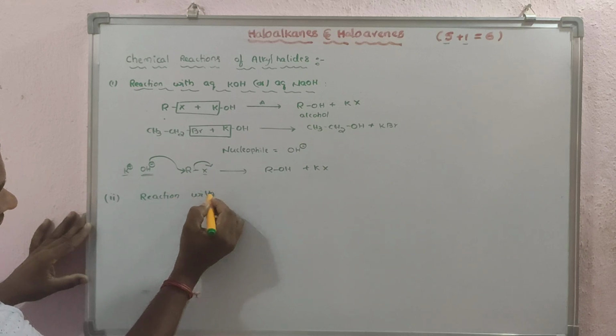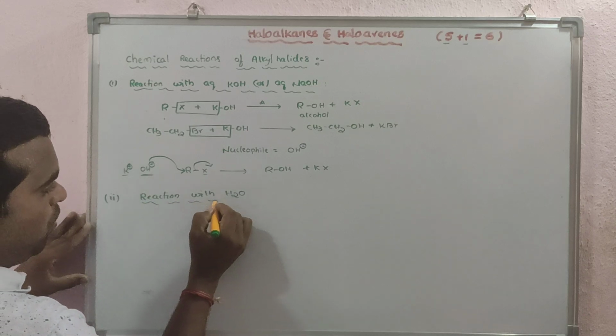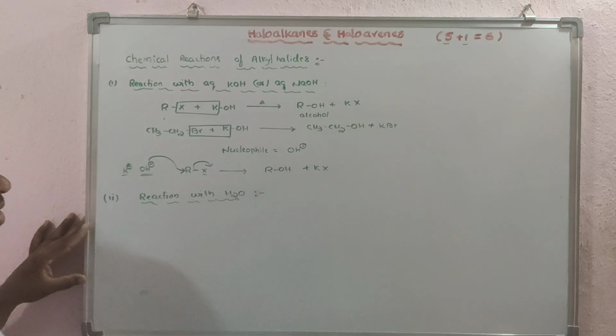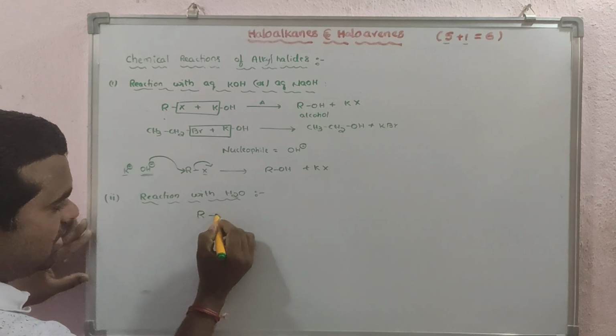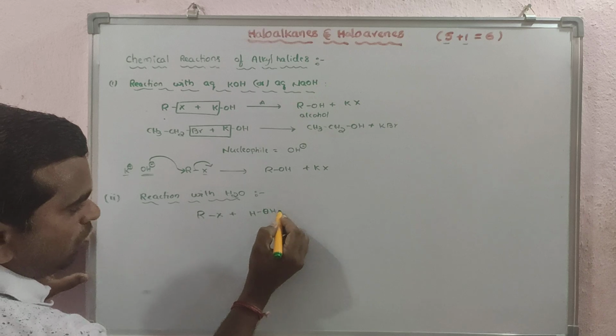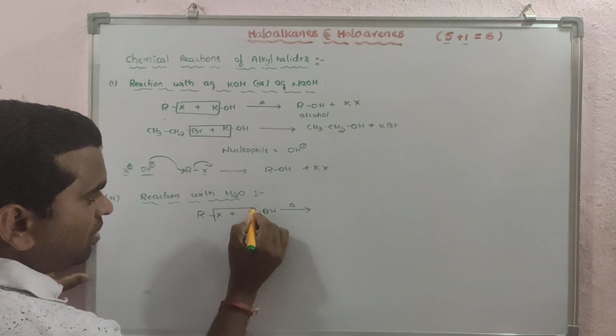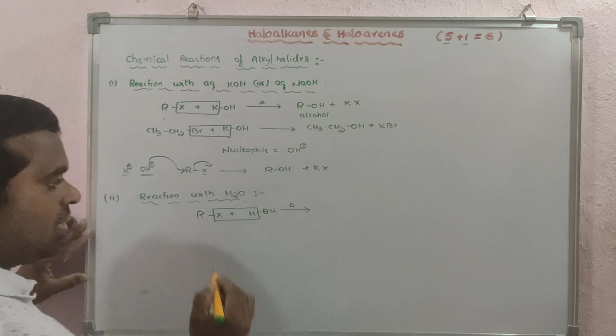with water. Alkyl halide reacted with water also produces alcohols. Okay? See now, same reaction. Take RX plus water, H and OH. Just heat it. Then what compound can we remove? HX.